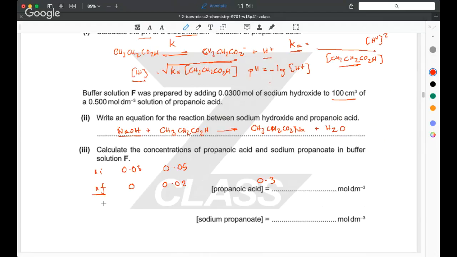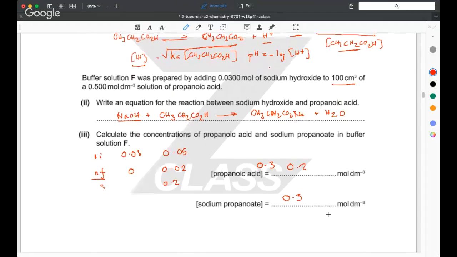And so the concentration per decimeter cubed is going to be 0.2 moles per decimeter cubed of the propanoic acid and 0.3 moles per decimeter cubed of the salt, the sodium propanoate. So just fill those in.